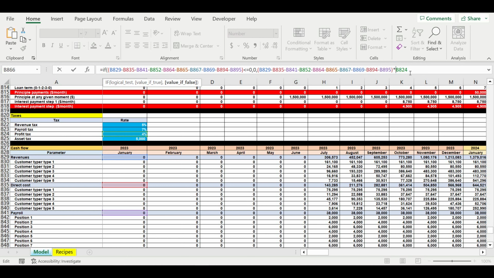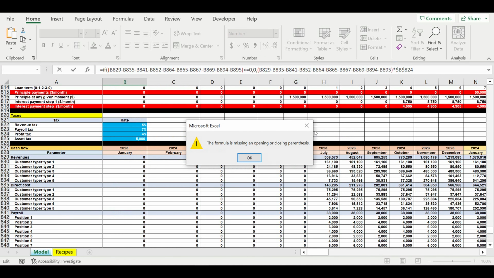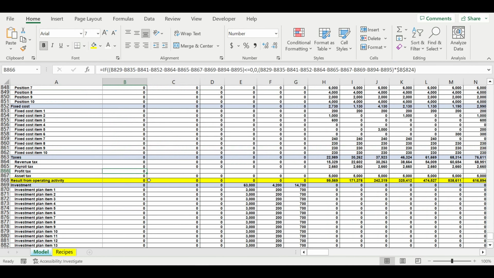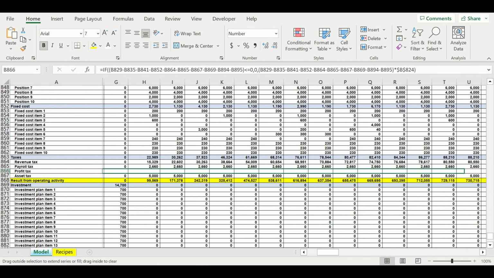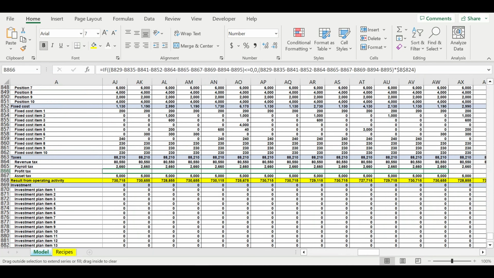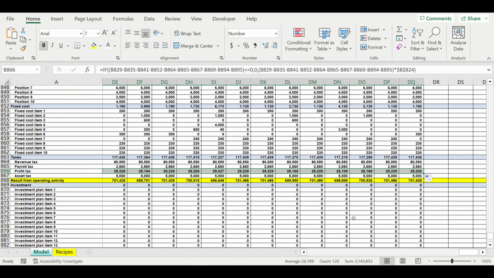Now let's press enter. Oh, we need to close the brackets. So profit tax, let's extrapolate it. Okay, so this is the profit tax.